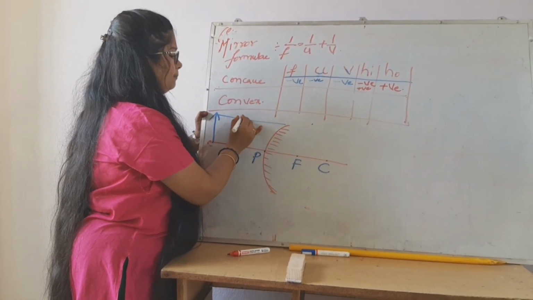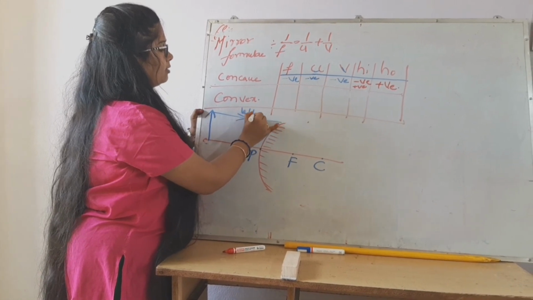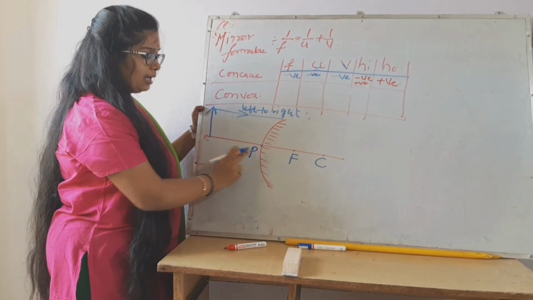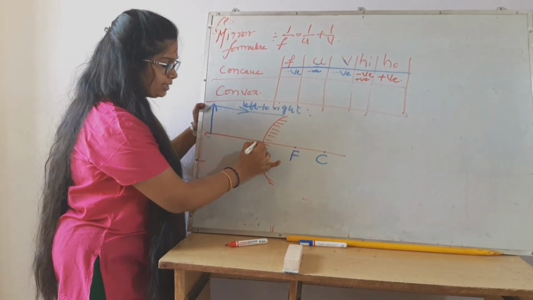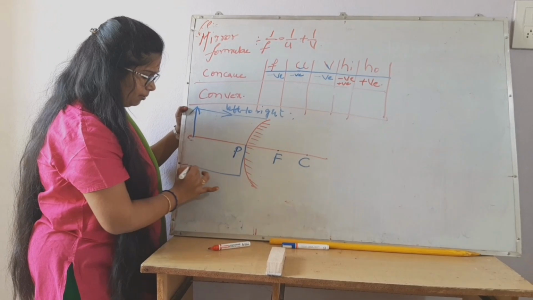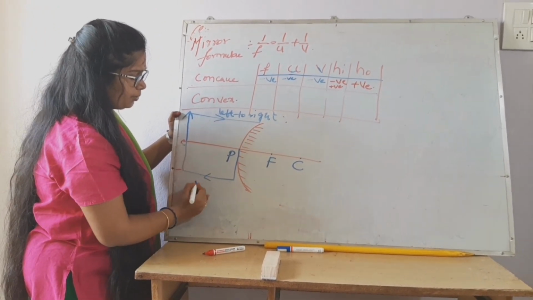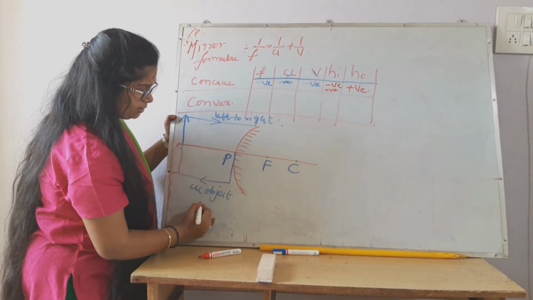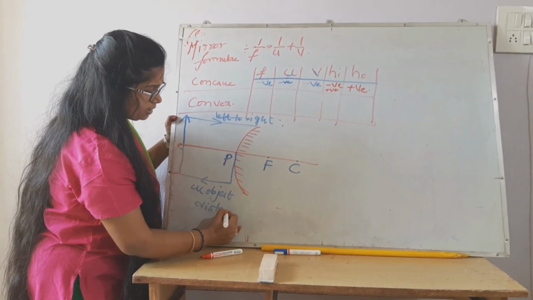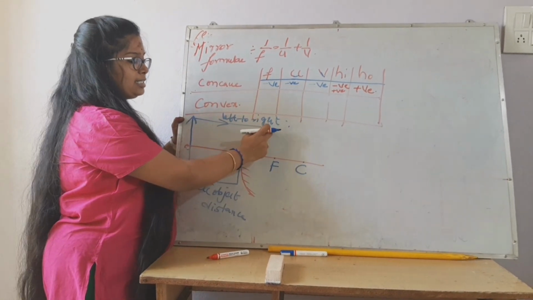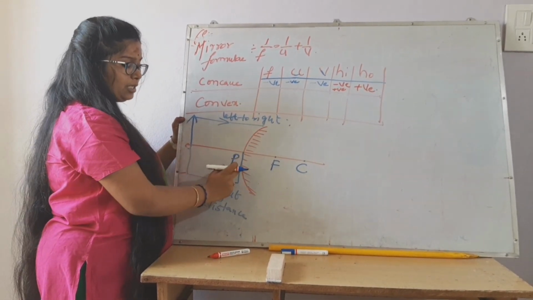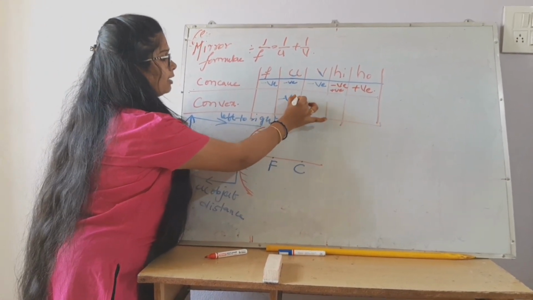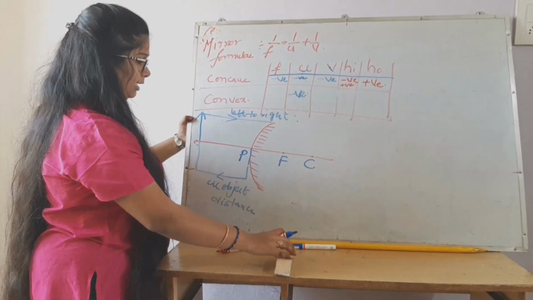The incident light is measured from left to right, but the object distance you measure from pole to this side, from right to left. So here it will be negative.